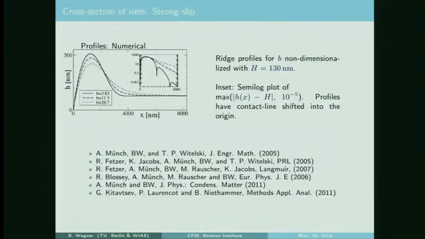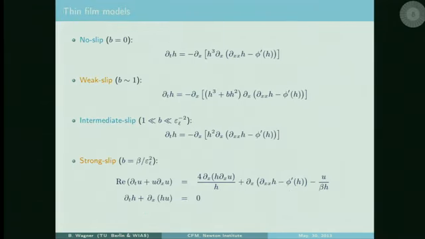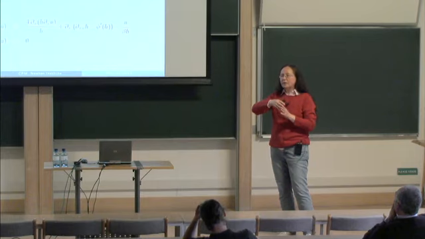Here's one first observation, and this is now not the experiment, these are numerical simulations of the strong slip model for the cross section of a dewetting rim. In the models I showed you before, at that time at least, we knew how the structure of the cross section looked. They all had the property that the backside of this rim has an oscillatory decay.